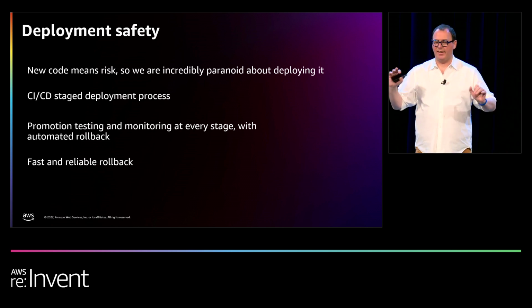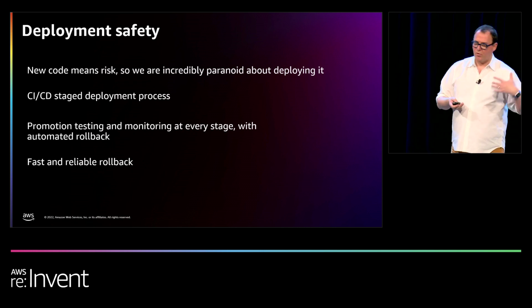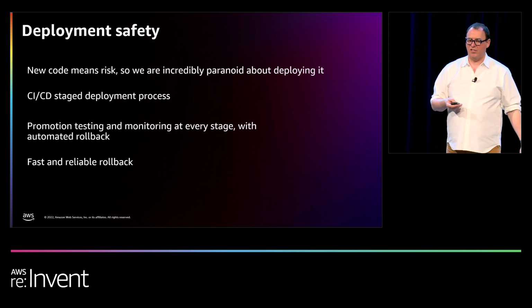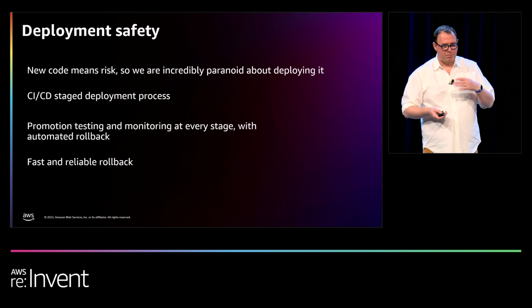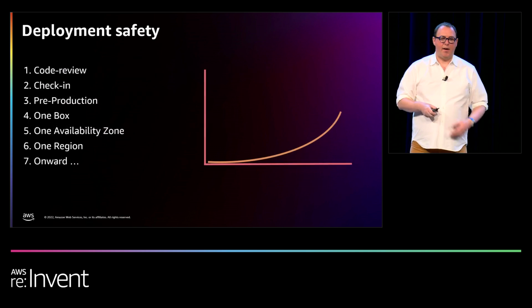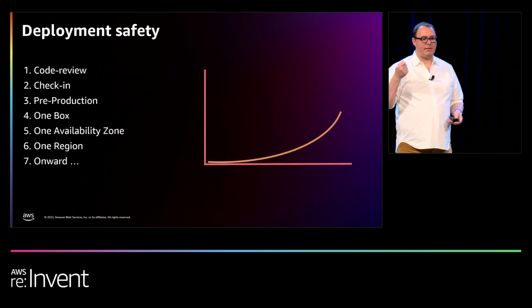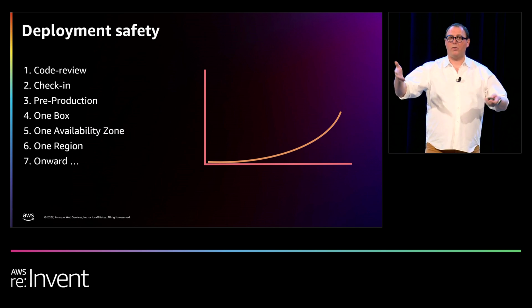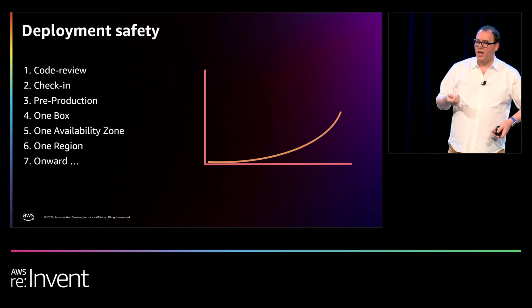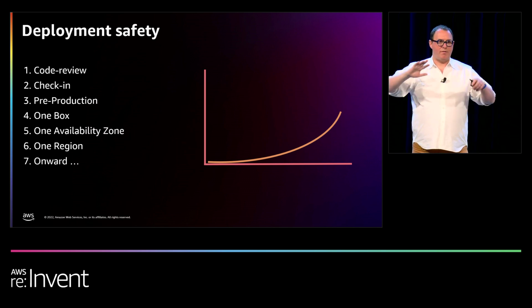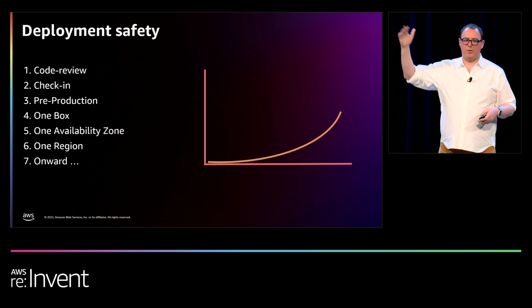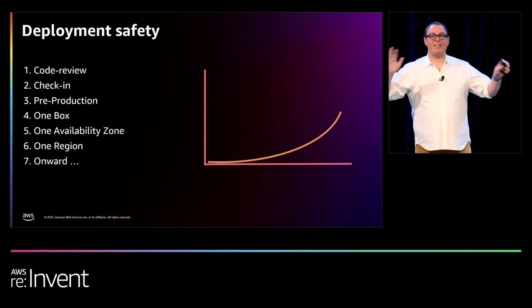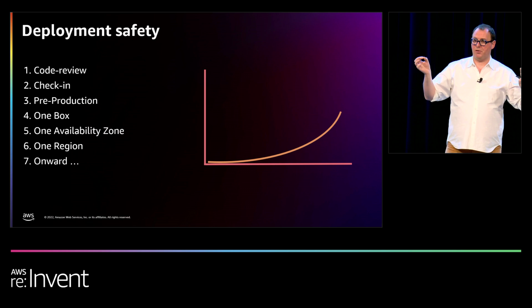So that if there's even a hint that something's wrong, we'll just roll back, figure it out, do some investigation before we proceed again. And it's really, really typical that if I check in some code, it goes through code review and so on, and does all those normal levels of testing that I mentioned all the way up to pre-production. But let's say it passes all of that. So we think it's good to go to production.